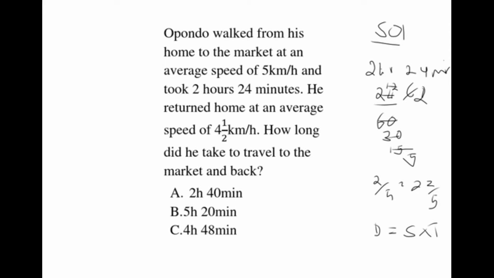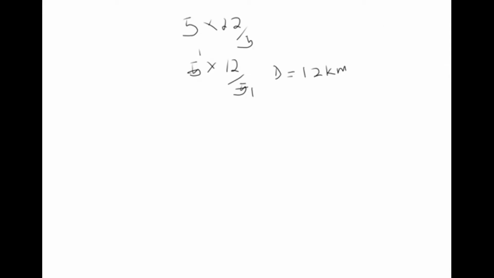For us to get the time, we divide distance by speed. Therefore, we shall have 12 kilometers divided by 4.5 kilometers per hour. We want to get time.